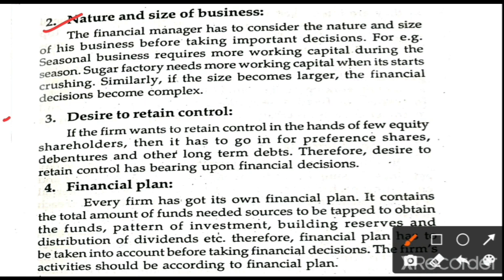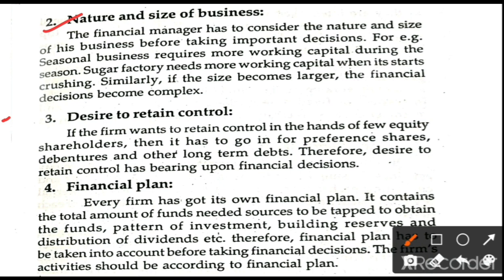For example, take the sugar industry. The sugar industry is seasonal, requires more capital, and the size of the business is very large, so more financial decisions have to be taken. Because of that, the nature and size of the business is also an internal factor.